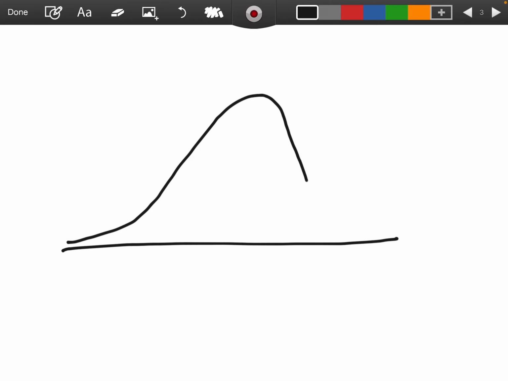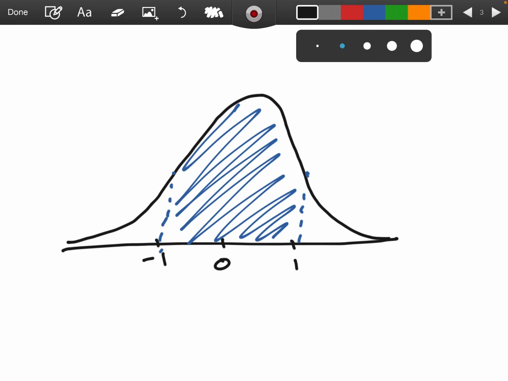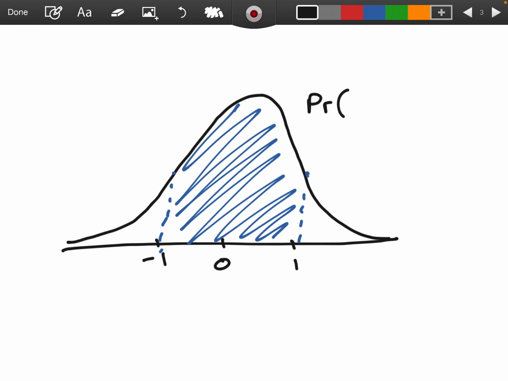So if we were to draw this as though we had standard normal distribution, it would be the same thing as asking, with a mean of 0 and a standard deviation of 1, what's the probability that our random variable z, because I'm looking at standard normal distribution, is between -1 and 1?